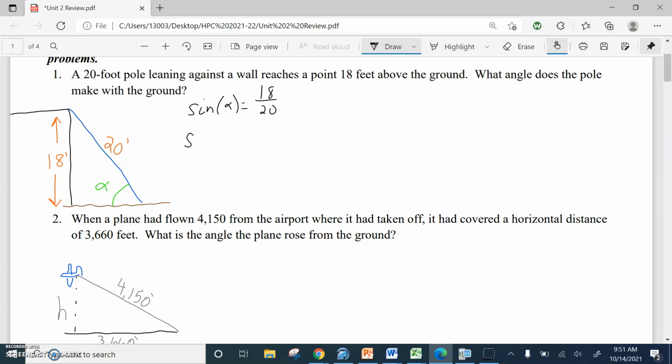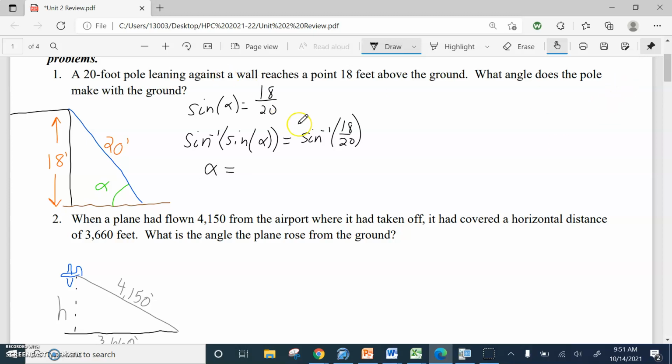Here we take the sine inverse of both sides, because what we do to the left side, we do to the right. And the undoing of sine inverse of sine of alpha just leaves us with alpha.